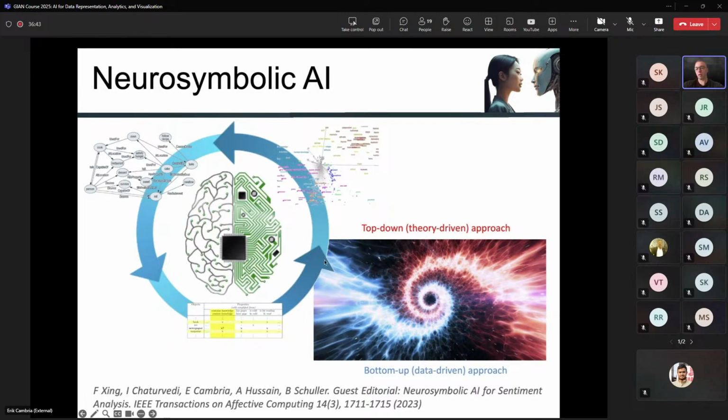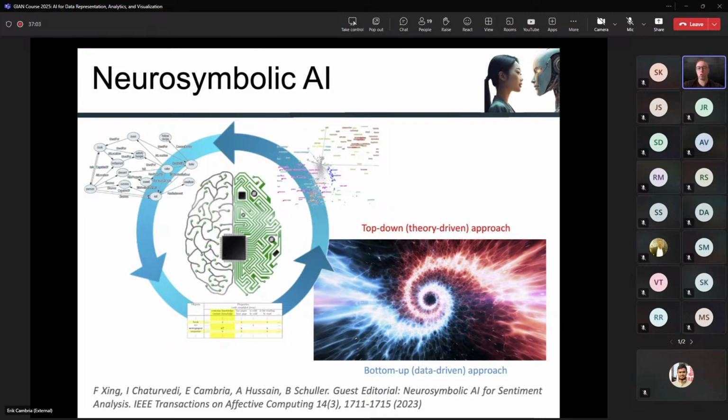So that's in a nutshell how you can define neurosymbolic AI, but this is still a relatively young and upcoming research field. So different people will also have different definitions of what neurosymbolic AI is. So this is our own definition.